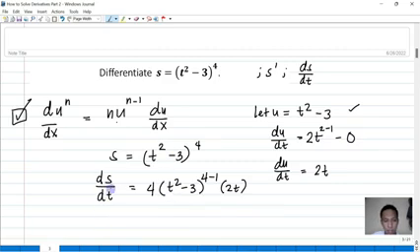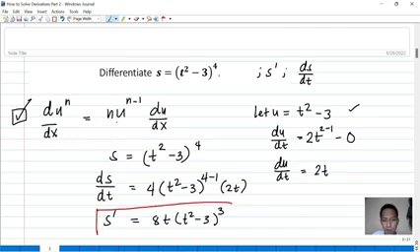So we have here ds over dt, that is just s prime. And we have here 4 times 2t, that is 8t. And we have this t squared minus 3 raised to 3, or that is cube. So this is our s prime for this function.